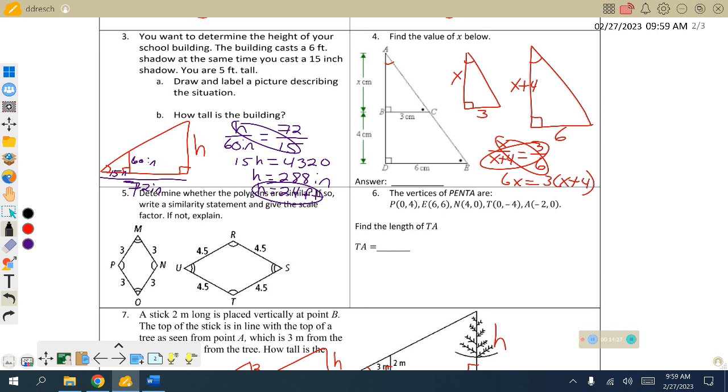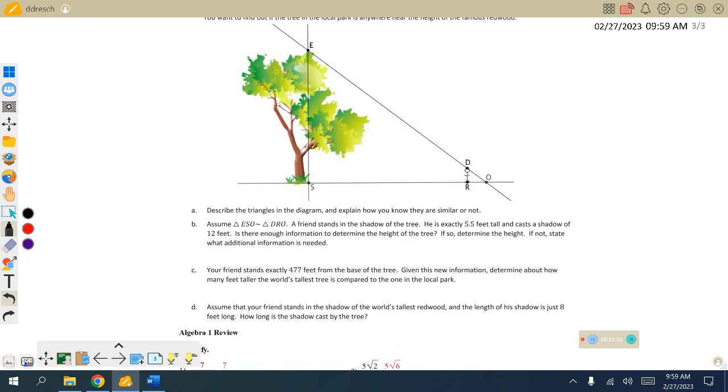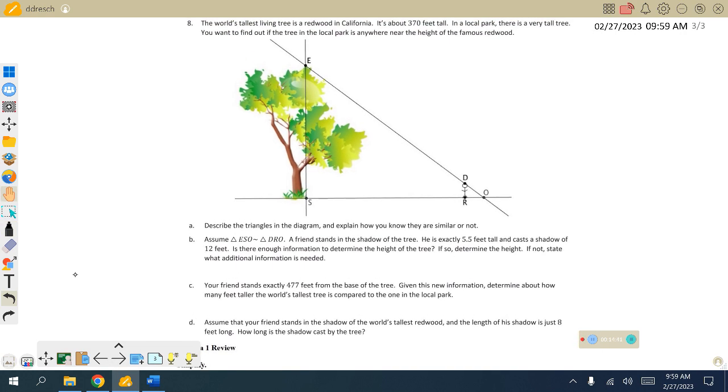So let's flip it to the back side there. How about that last one? The big picture on that one. On these tall trees, especially if you're out in California with the redwoods, the tallest trees in the world, you can measure the height of these trees one of 2 ways.